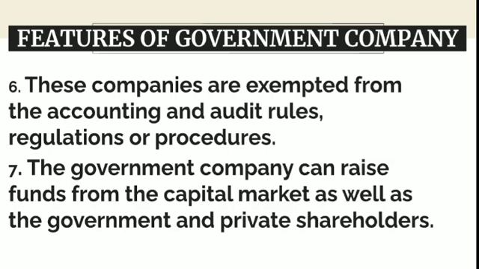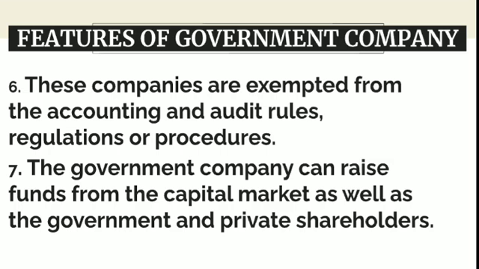So the government itself will appoint an auditor and get the accounts checked, and the report is presented in the parliament. Exempted means kept away from the accounting and audit rules and formalities.